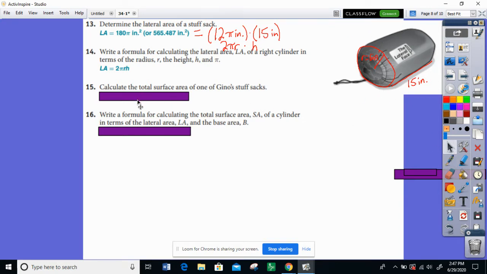So now we're going to calculate the total surface area of one of Gino's stuff sacks. So let's work through how they got this. Remember, the total surface area is the lateral surface area plus 2 times the area of the base. Well, we already got that the lateral surface area is 180 pi square inches plus 2 times the area of the base.